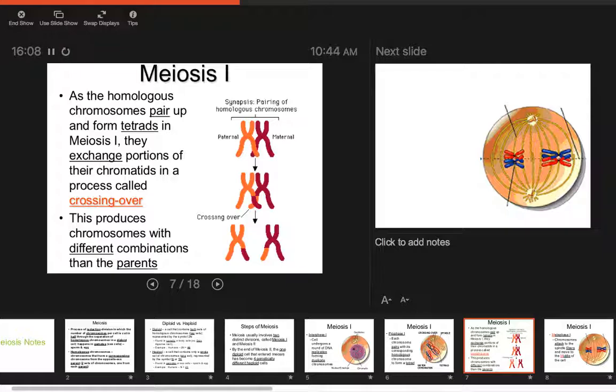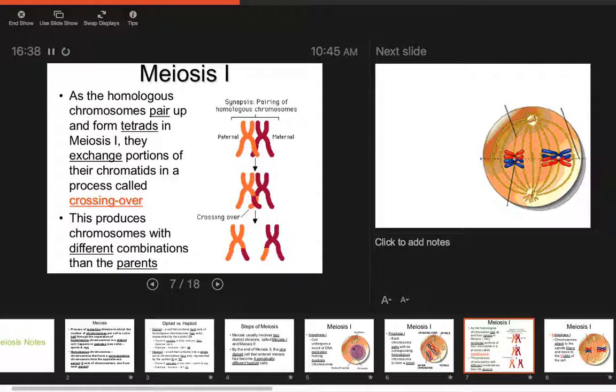You're going to have one all orange. That's going to separate. You're going to have orange with a little bit of purple at the bottom. So there's two cells that are different from each other. That's going to separate. You're going to have purple at the top and a little bit of orange on the bottom. Third different cell. And then that's going to separate, and you're going to have your fourth cell all purple. So 1, 2, 3, 4 cells, all genetically different.